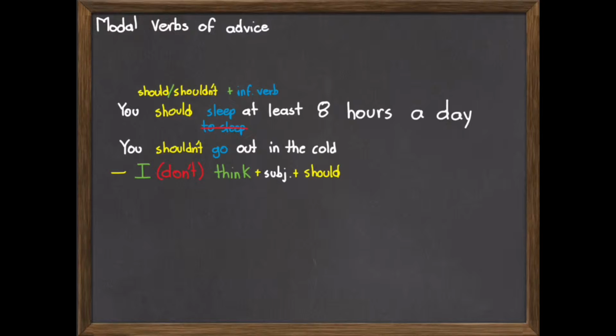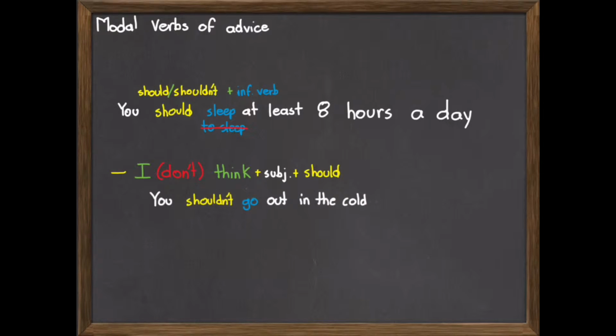Now, you may also hear the phrase, I don't think or I think someone should. This is also a suggestion. We could apply it to these sentences over here. Now, keep in mind that in this case, we do not use the shouldn't for these advices. We instead use should.